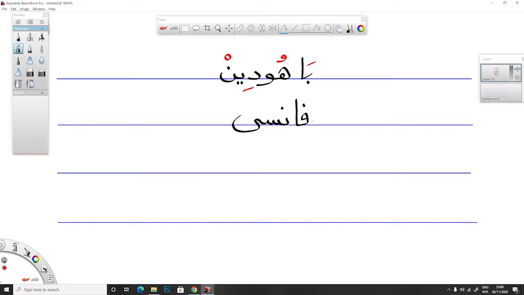This is Fa, the initial form, Alif, Nun, Sin, and this is the final form of the letter Ya. Sometimes you put 2 dots beneath it and sometimes it's okay, but we put 2 dots to differentiate between Ya and Alif Layina, which looks exactly the same. This is Alif Layina and this is Ya.